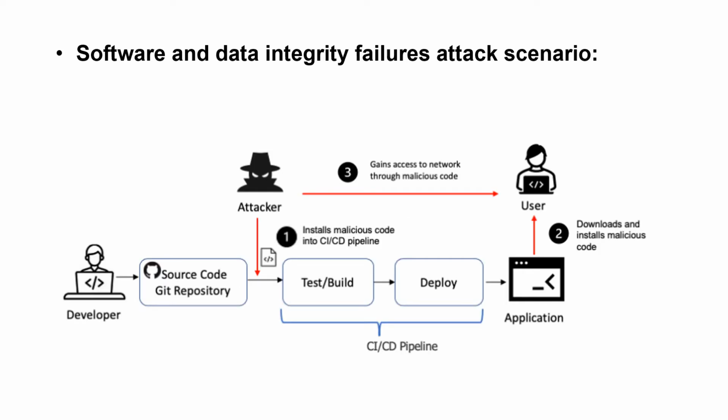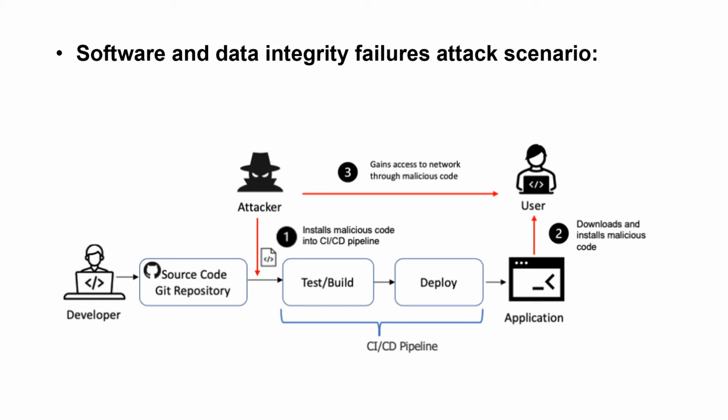Software and data integrity failures attack scenarios. Here we have an attacker, user, application, developer, and CI/CD pipelines. The attacker sends malicious code to install into the CI/CD pipeline. In the CI/CD pipeline, they have test, build, and develop. One developer uses source code to reproduce the coding.